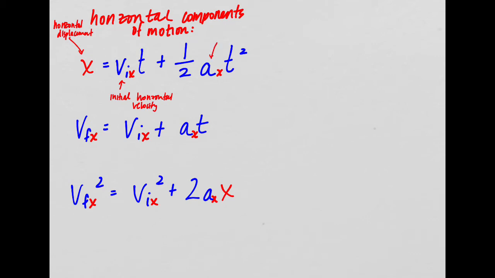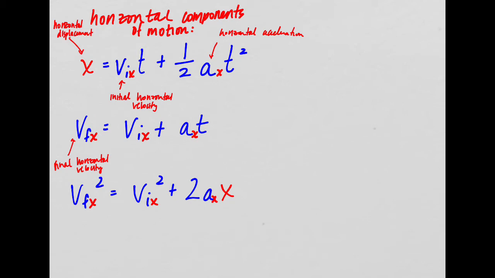A is the same thing. This is acceleration. This is horizontal acceleration. And we're going to see when we talk about vertical acceleration that a is actually g, but we're not going to get there yet. So Vf, that's the only other one. This is going to be the final horizontal velocity. And then I think I've got them all there.